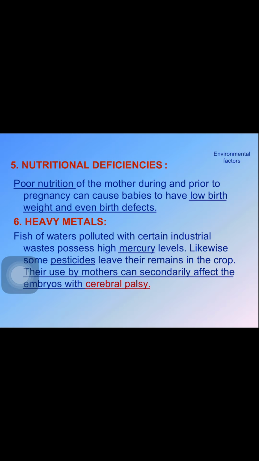Similarly, pesticides have effects in the crops, and those fish or crops used by the mother can secondarily affect the embryos with cerebral palsy, etc.